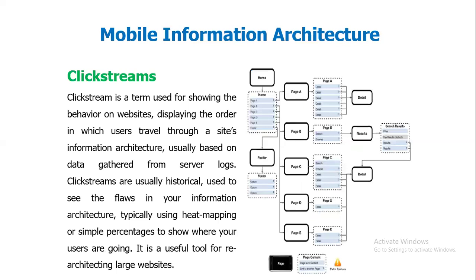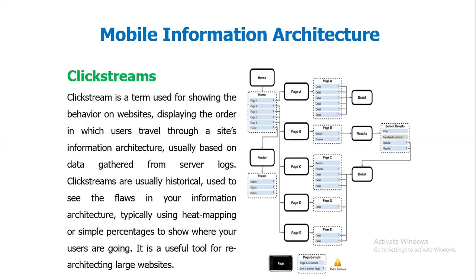The next one, clickstreams. Clickstream is a term used for showing behavior on a website, displaying the order in which users travel through sites. The information is usually based on data gathered from several logs.